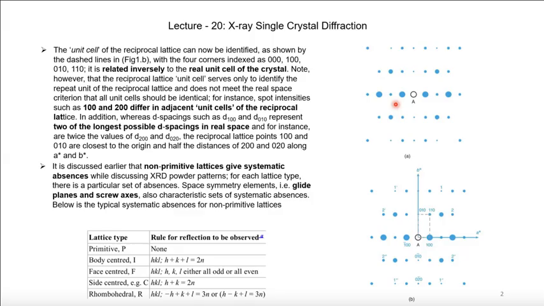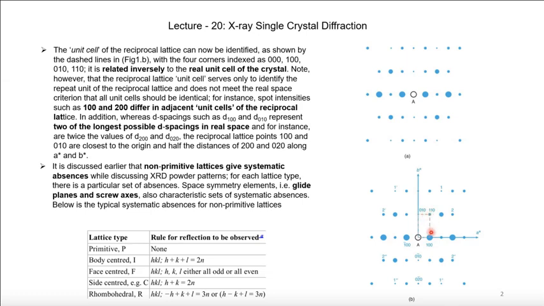That means we have two mirror planes perpendicular to each other, and if we take the three-dimensional one, we see that there are three mirror planes perpendicular to each reciprocal lattice axis. So from here we can draw the unit cell.